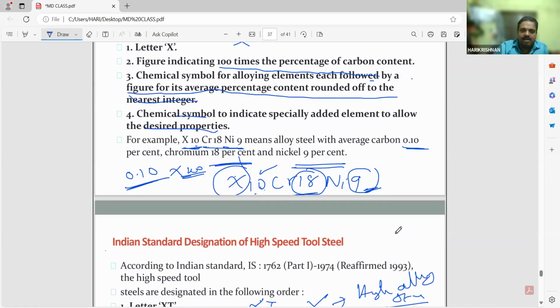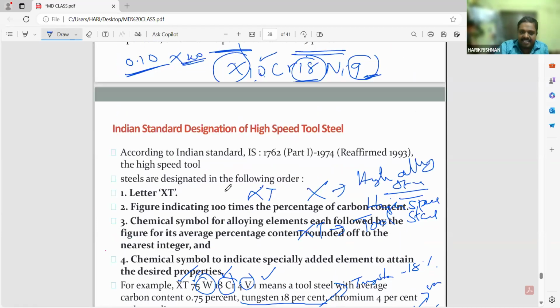So you have to understand that if it is X10, Cr18, Ni9, it means it is a high alloy steel with 0.1 percentage of carbon, chromium 18 percentage, and nickel 9 percentage. It is very important. You have to understand that it is a high alloy steel. Now, when it comes to XT, that is high speed tool steel.